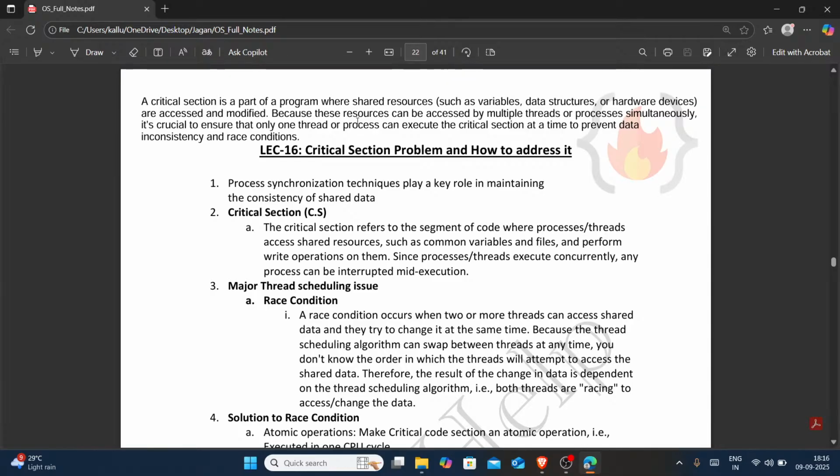Before going further, what is a race condition? Let's guess. We know this is something about the critical section and shared resources. The critical section is the part of a program where shared resources are being accessed and modified.